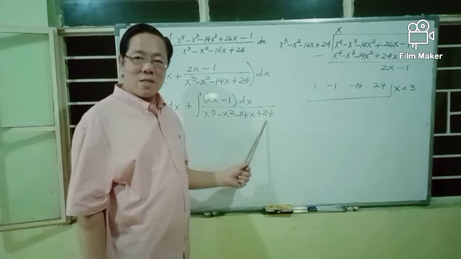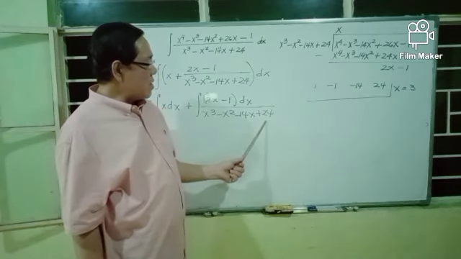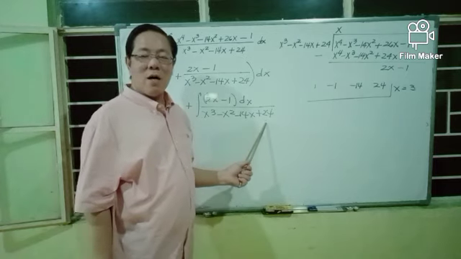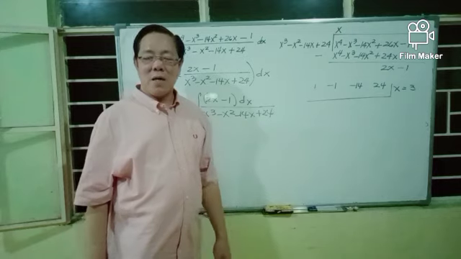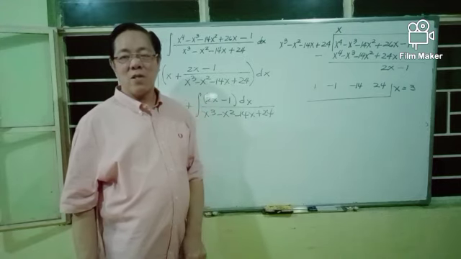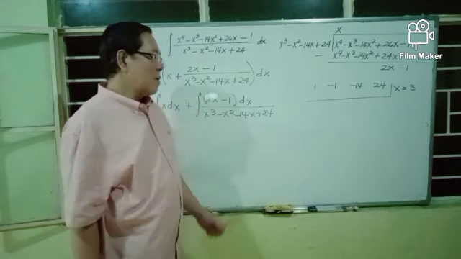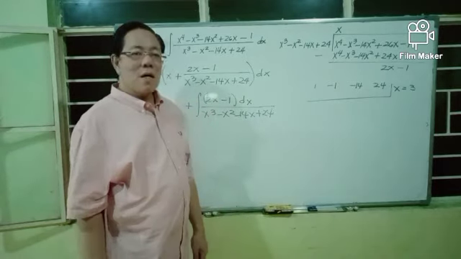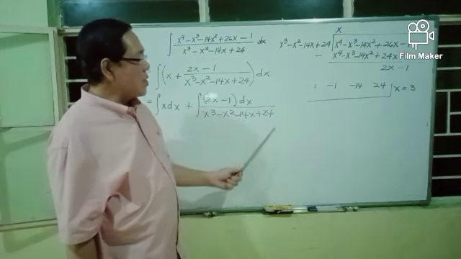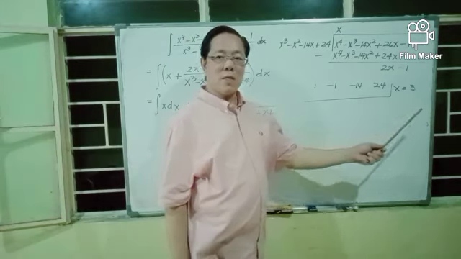Plus and minus 6 are divisors of 24, plus and minus 3 are also divisors of 24, and plus and minus 8 are divisors of 24. So there are many possible roots for this cubic equation. And I will try first x equals 3.